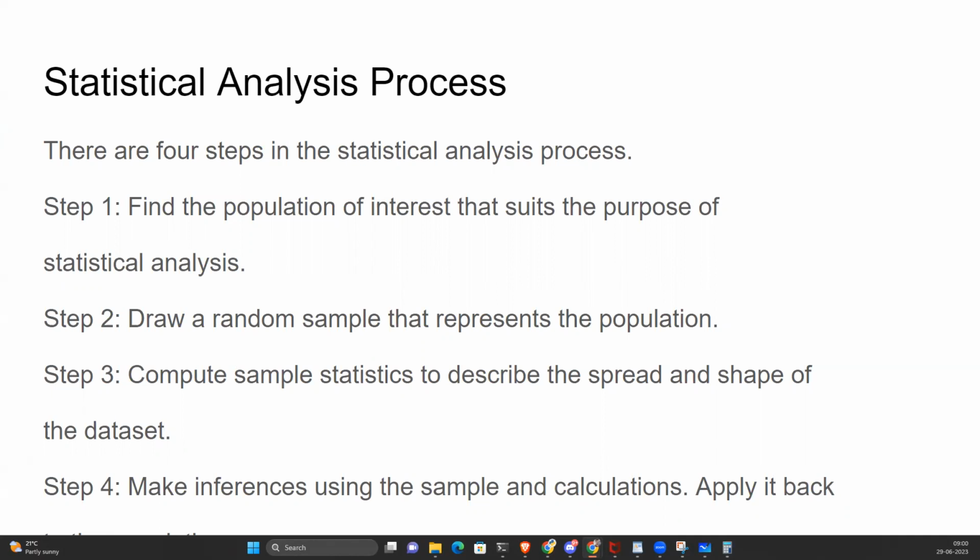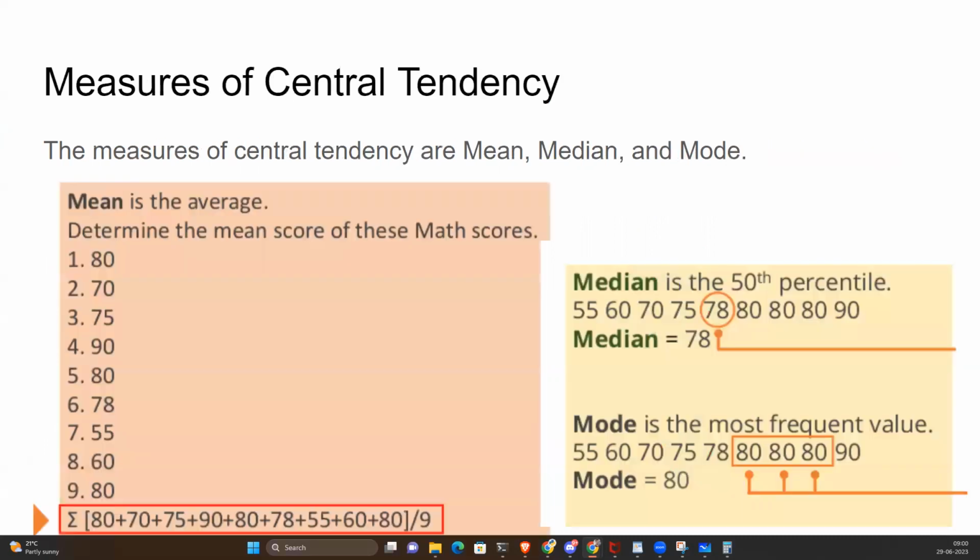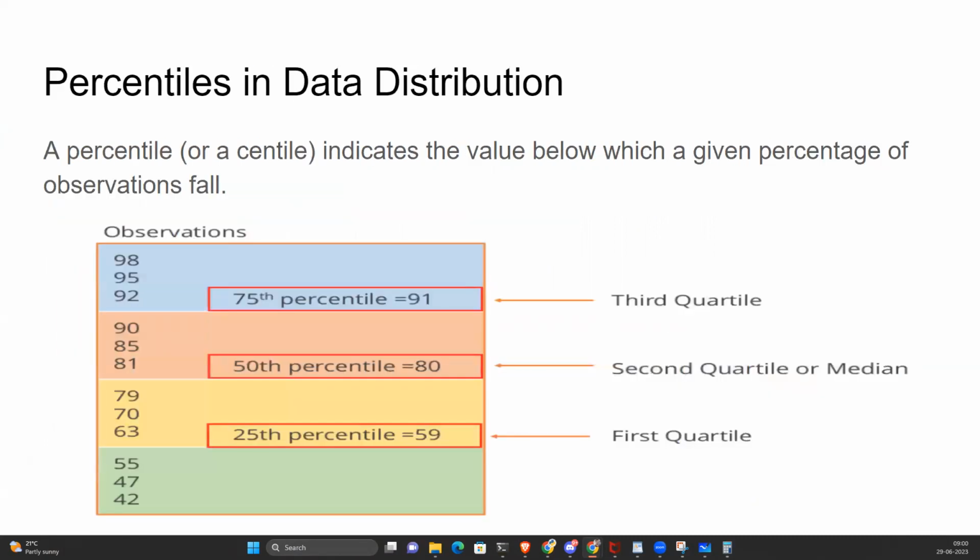Number three, compute the sample statistics to describe the spread and shape of the dataset. Number four, make inferences using the sample calculations and apply them back. And for data distribution, we have seen range, frequency, central tendency, and how to calculate mean, median, mode. We have also seen percentiles. If I'm talking about percentile, what do you mean? How many of you know what a percentile is?